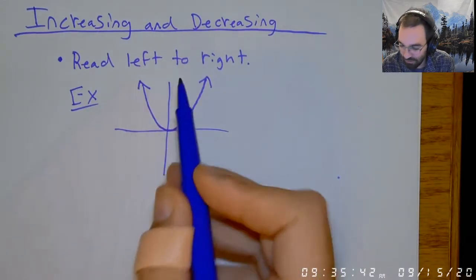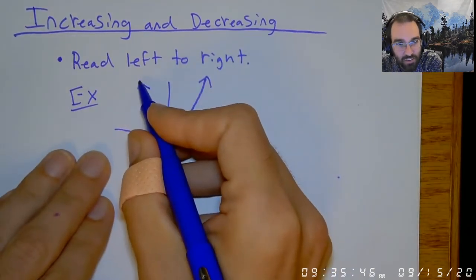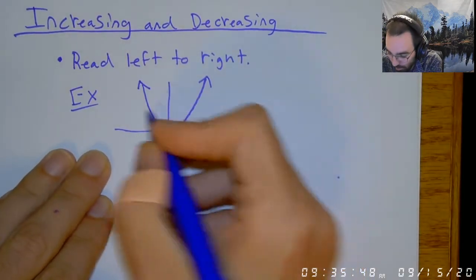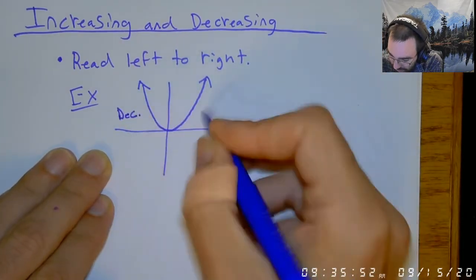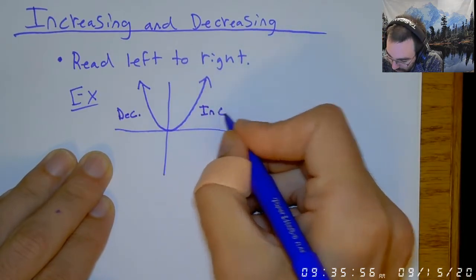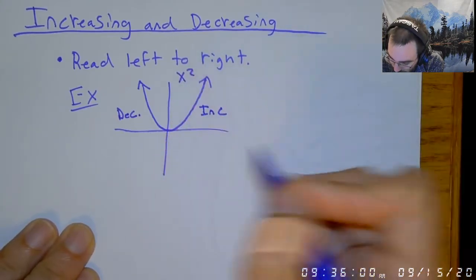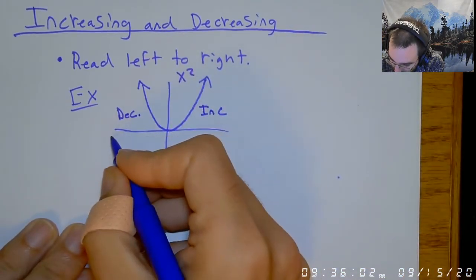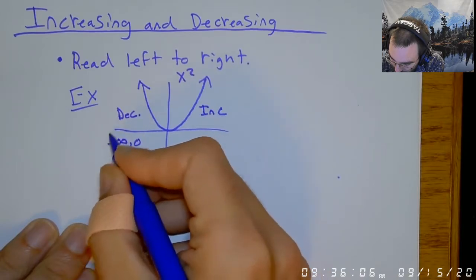So you always have to read left to right. If I'm going here, notice how from left to right, my output is going down. I'm decreasing. And from here to here, I'm increasing. If I was going to use interval notation, if this was just x squared, then I'm decreasing from negative infinity to 0.